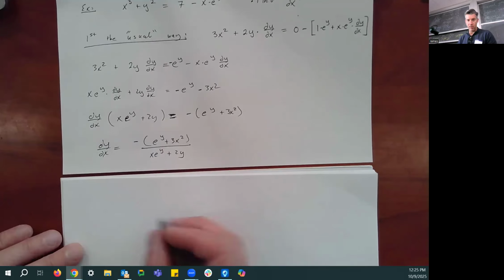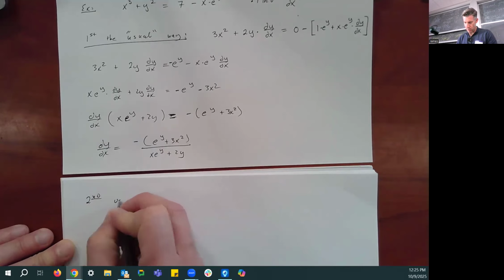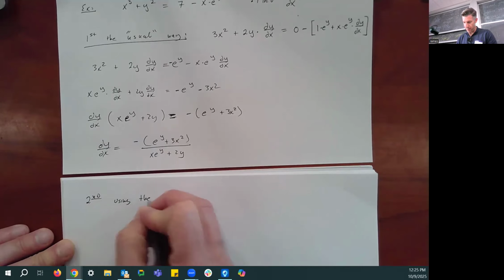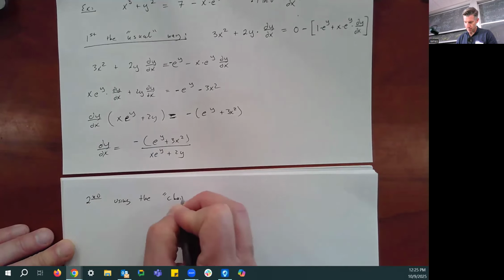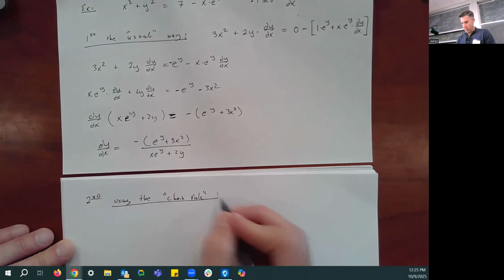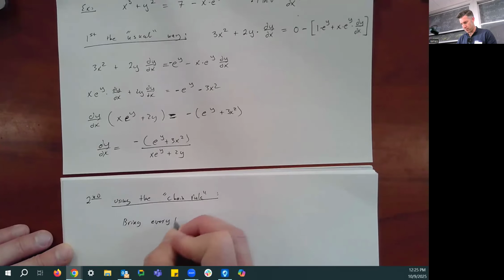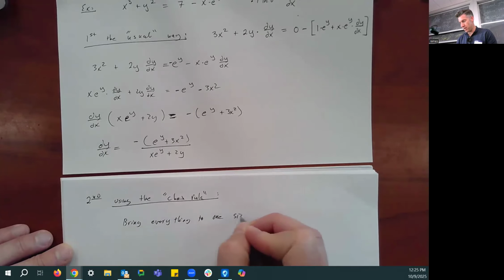Before we can do anything, using the chain rule this time, our first step is to bring everything to one side and have 0 on the other side.